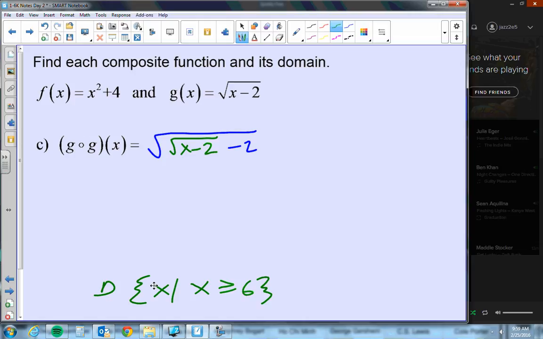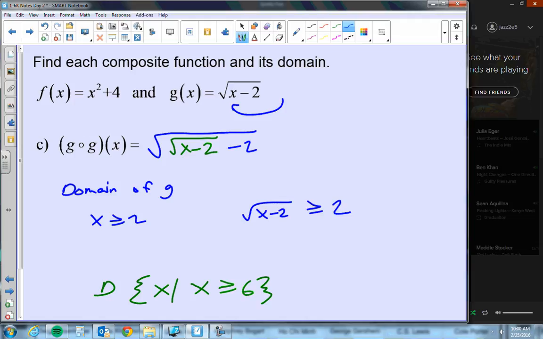But I want you to see what happens when you try the two-step process. So, what is the inner? G, because it's both. And so the domain of g, the domain of the inner, is the numbers greater than or equal to 2. Okay? And for the second part, you set g. Well, g is going into itself, so it needs to make sure it doesn't produce numbers below 2.